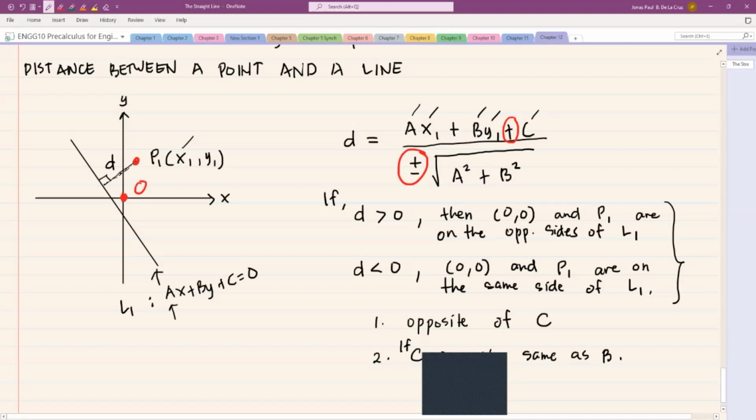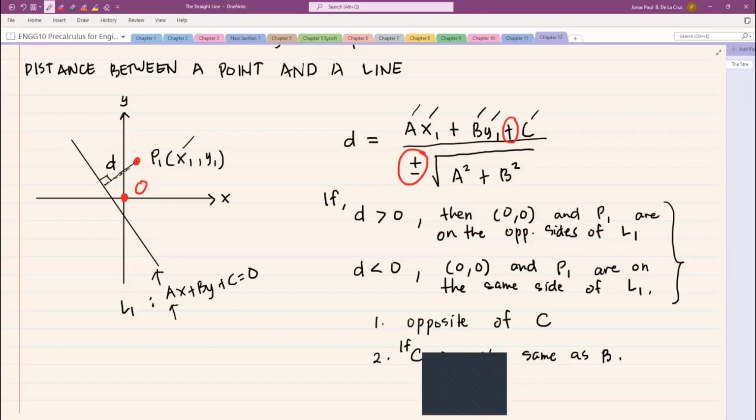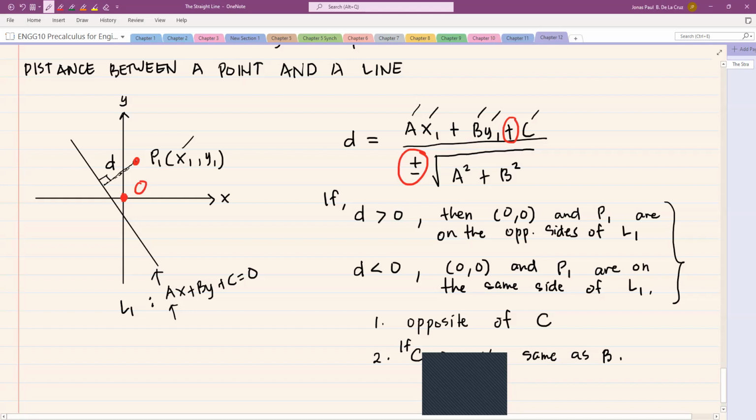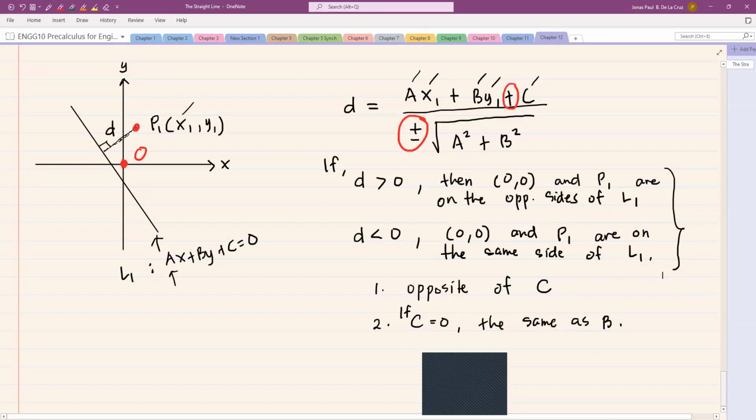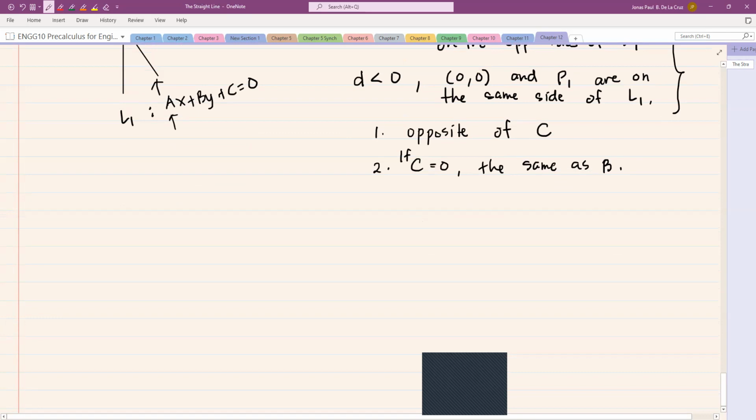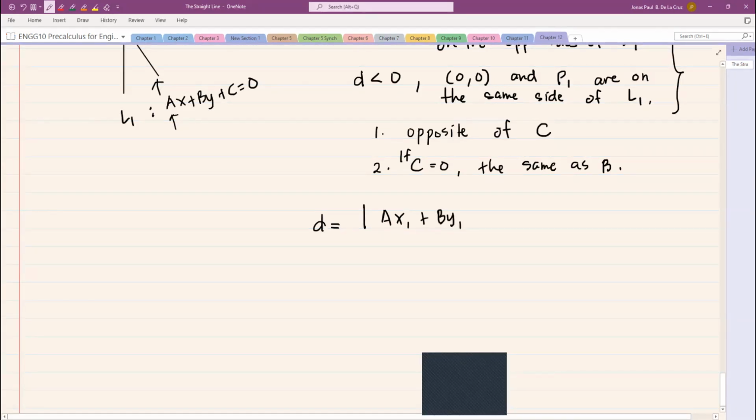Okay. But if we do not want to mind the position of the point, and all we need is the undirected distance, we only want the undirected distance. So for the undirected distance d, we just put absolute value: the absolute value of ax1 plus by1 plus c, directly over the square root of a squared plus b squared.